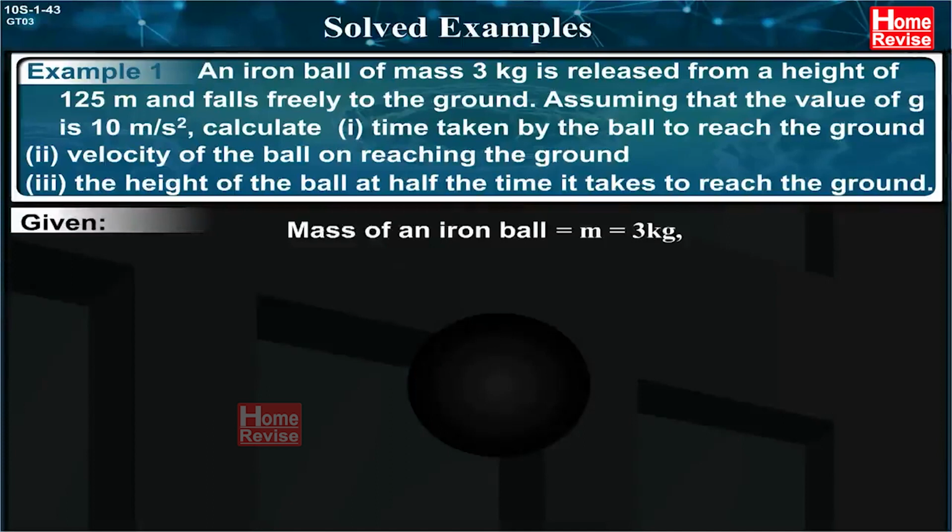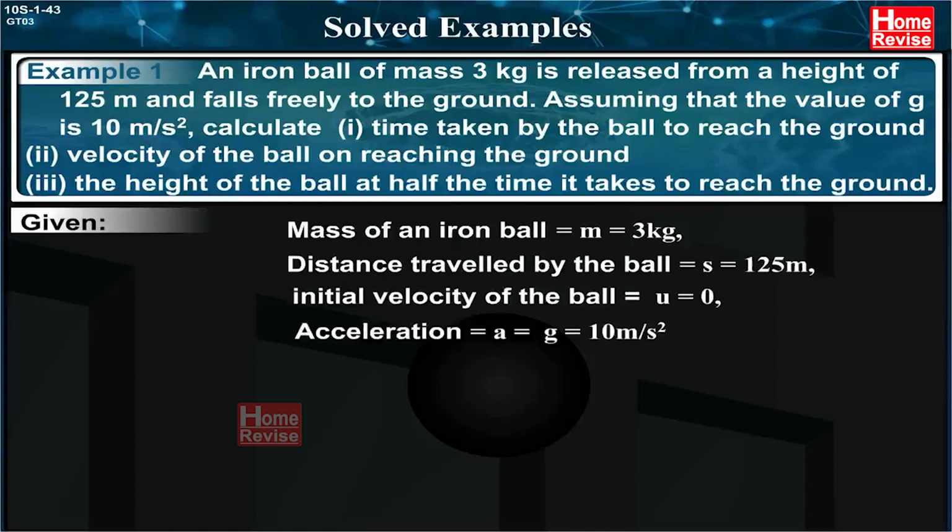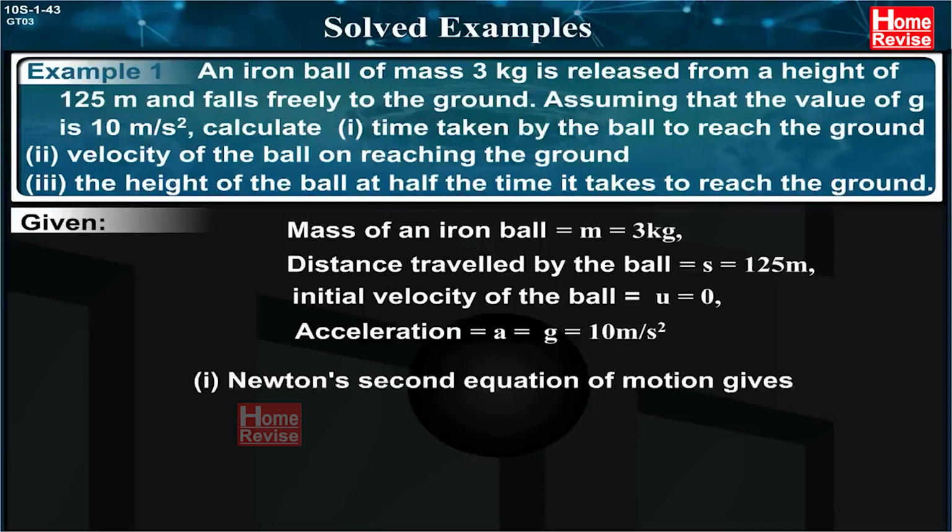Given m is equal to 3 kg, distance travelled by the ball s is equal to 125 meters, initial velocity of the ball u is equal to 0, and acceleration a is equal to g is equal to 10 meter per second square. First, Newton's second equation of motion gives s is equal to ut plus half at square.